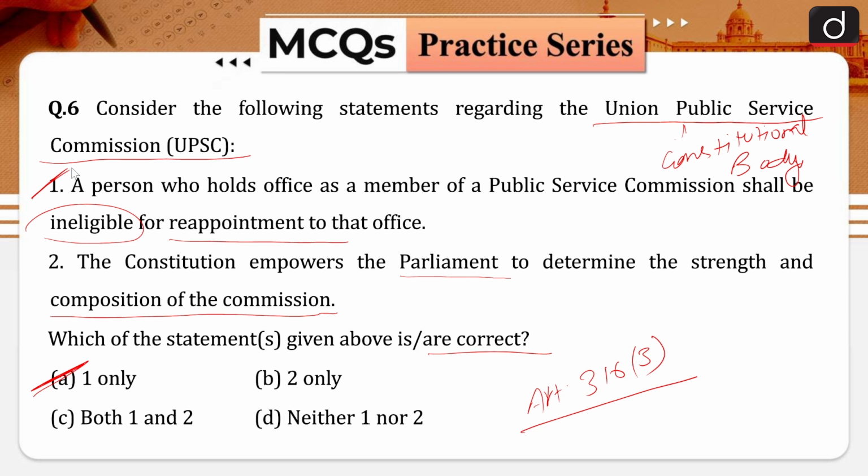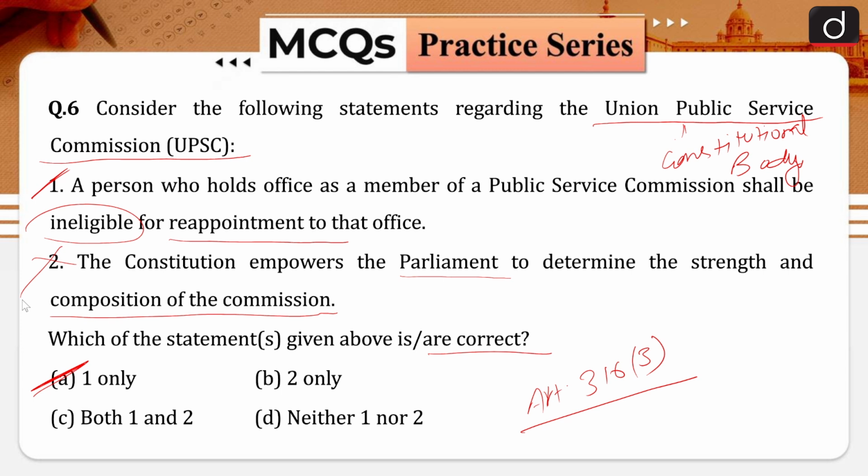The Constitution has not determined the strength of the commission specifically and has left it to the discretion of the president, who decides its composition from time to time, and that is why your statement number 2 here is incorrect in nature.